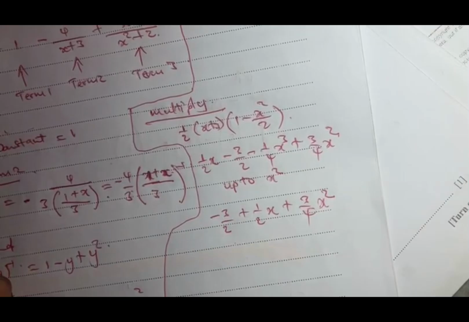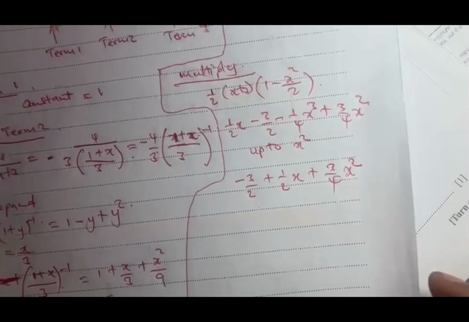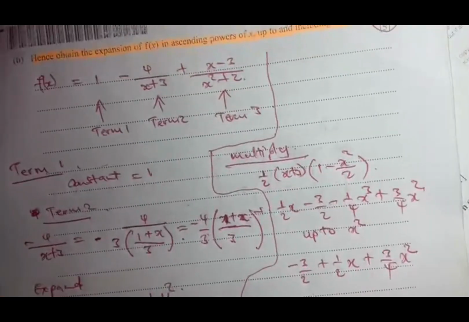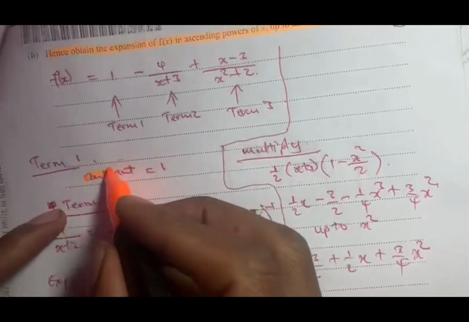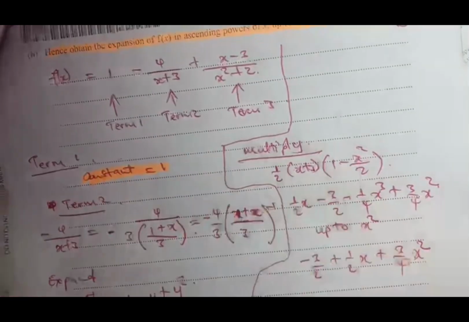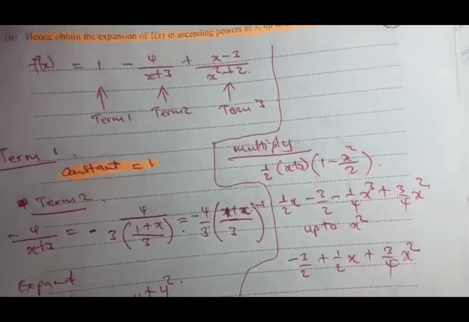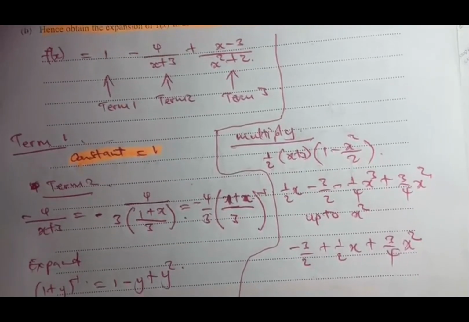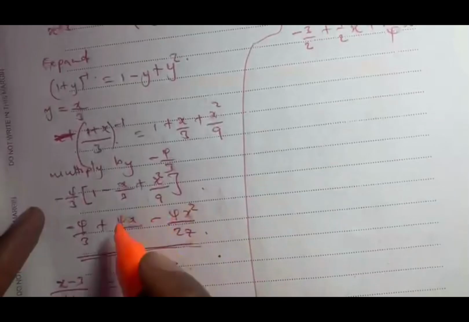Alright, so I'll add up all three terms. The first term that I had was the constant term, which is 1.